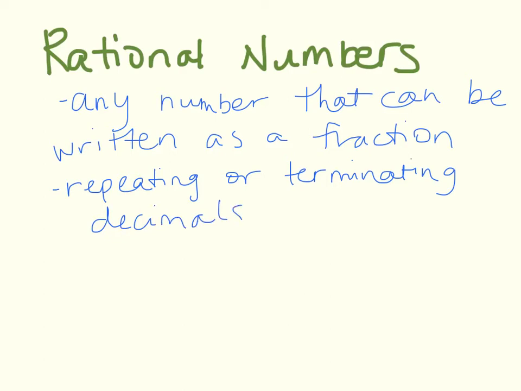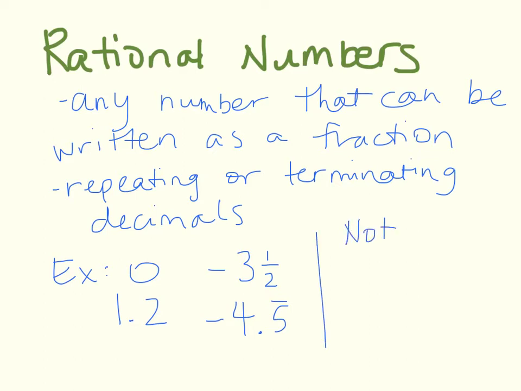Examples of rational numbers could be 0, 1.2, -3.5, or -4.5 repeating. Things that are not rational are things like pi, because pi never repeats.